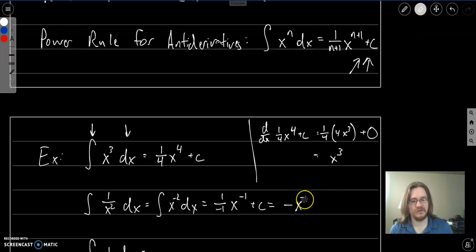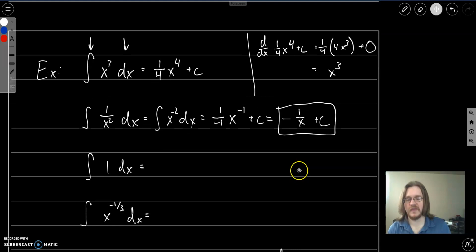Let me rewrite x to the negative 1 as 1 over x. So 1 over negative 1 becomes a negative sign, and x to the negative 1 is 1 over x, plus c. So there is my antiderivative.